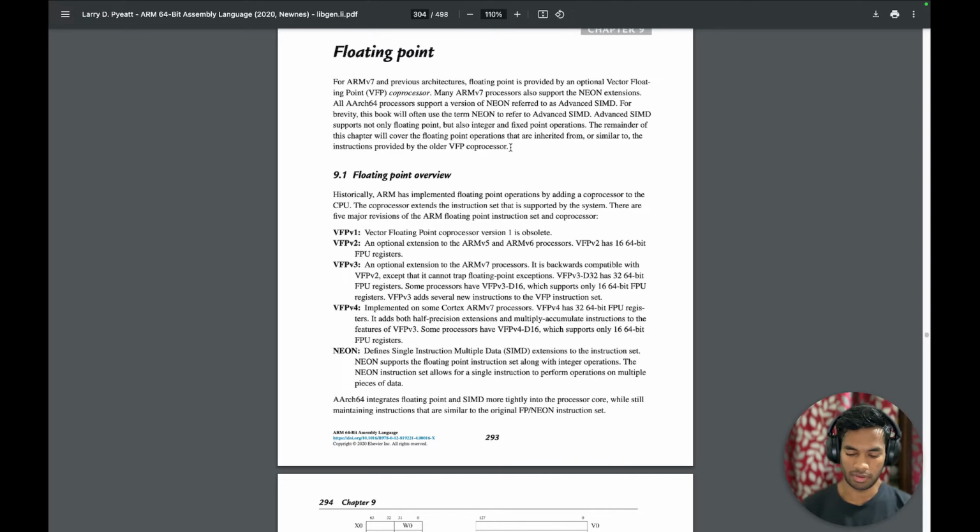But in today's days, we have that external unit inside the processor itself, and that is crazy. And we have two types of these.